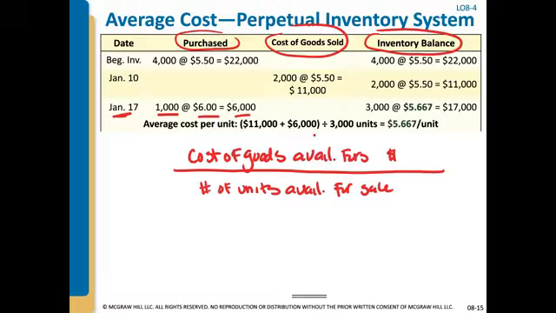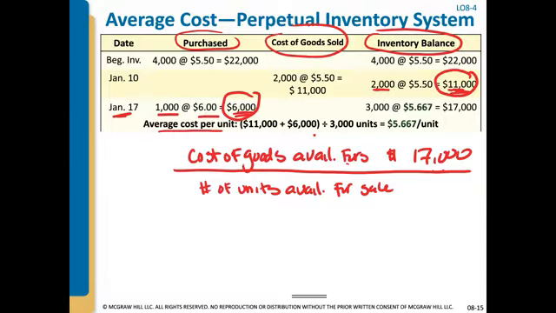So our cost of goods available for sale is we had 2,000 units at $5.50, right? That's what we had in our ending inventory. And then we purchased another 1,000 units at $6, which gave us $6,000. So we're going to take this $11,000 plus the $6,000, which gives us $17,000, and our number of units available for sale.